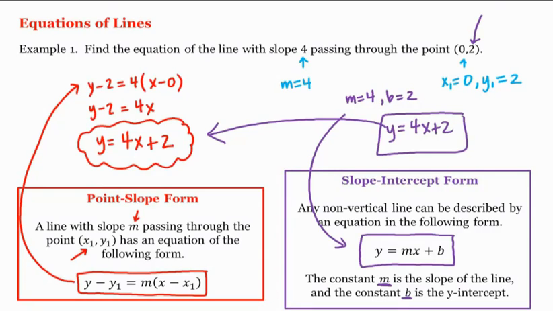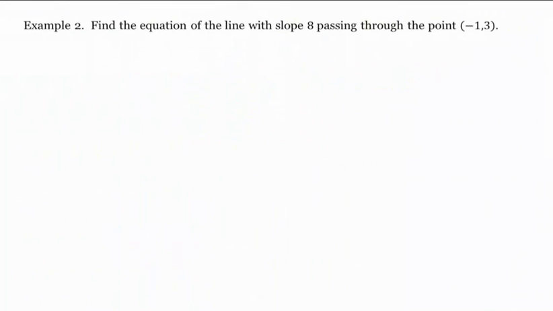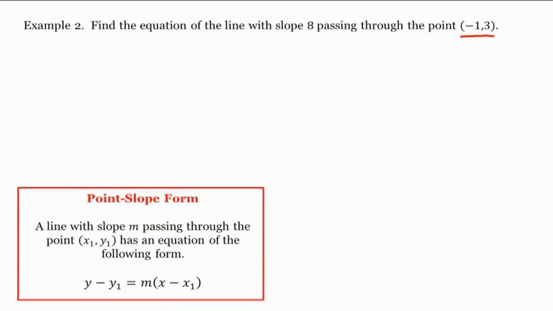All right, let's look at another example. Let's find the equation of the line with slope 8 passing through the point (-1, 3). This point given now does not give us our y-intercept, so let's use the point-slope form. So we're given m is equal to 8, x1, the x-coordinate of the point given, is -1, and y1, the y-coordinate of the point given, is 3.